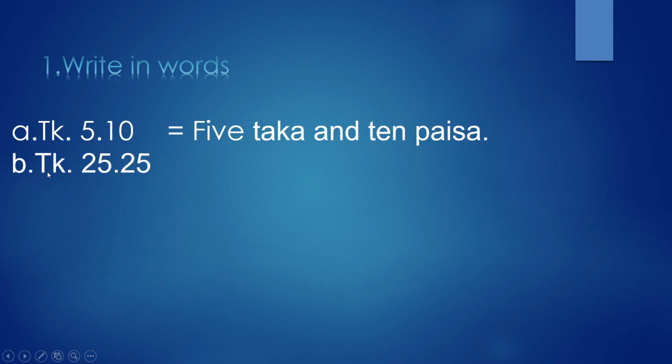Number B. Short form of taka, then a dot, then here 25 taka 25 paisa. How am I going to say that? I'm looking at this dot; the digits before it are the taka and the digits after are the paisa.